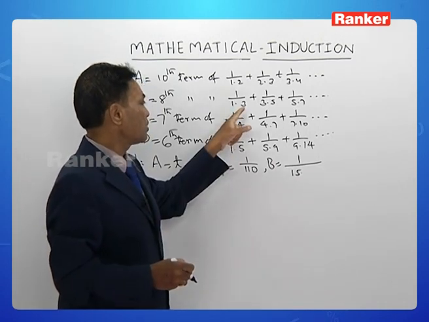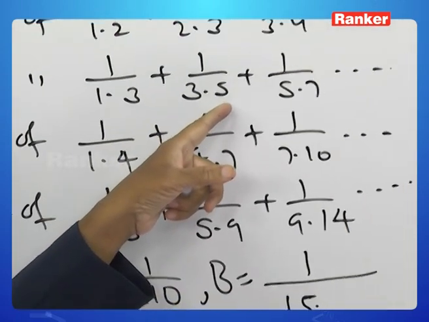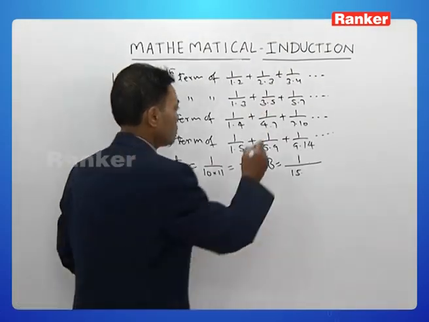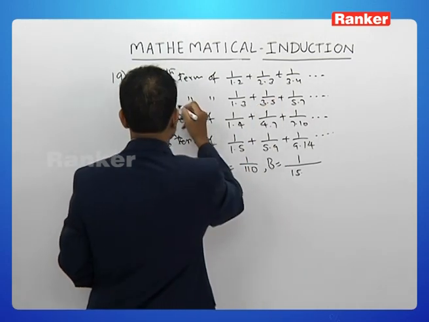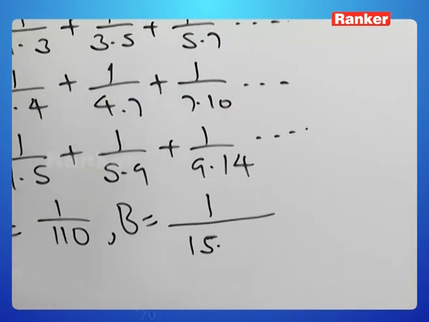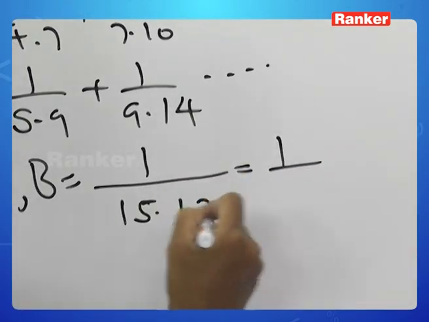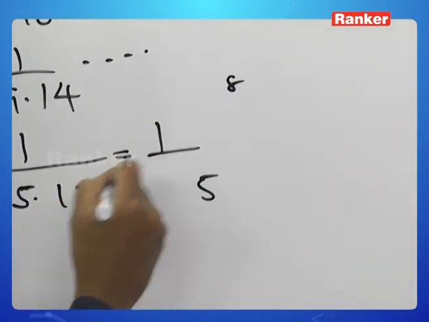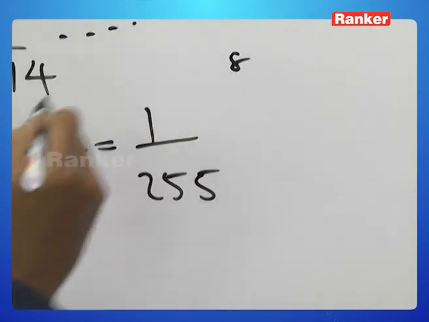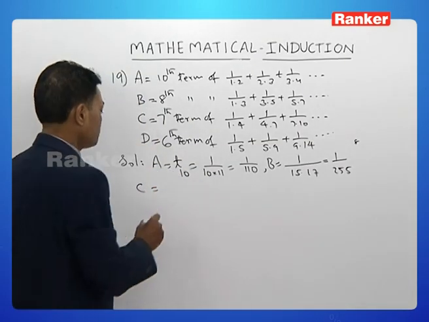When you put n is equal to 1, you get 3, and when you put n is equal to 2, 5. So for the 8th term, 2 into 8, 17 we get. So 17 fives are 255, similarly the C value.